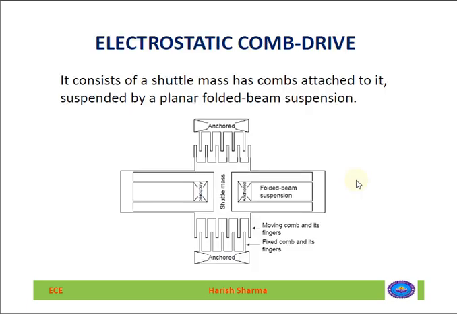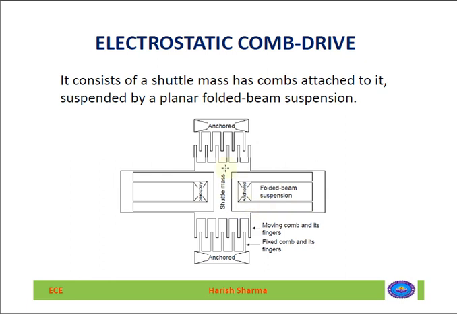First we will discuss the electrostatic comb drive. You can see it consists of the shuttle mass, this one, and these are the combs. This is the comb design, and this system is suspended by the folded beam.